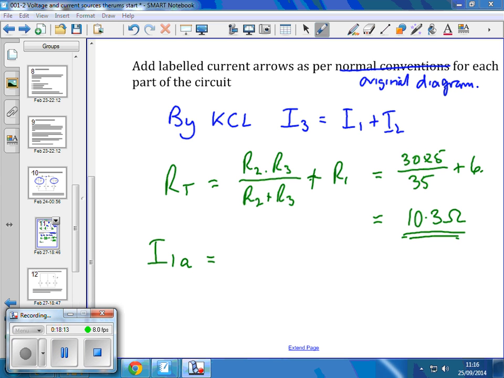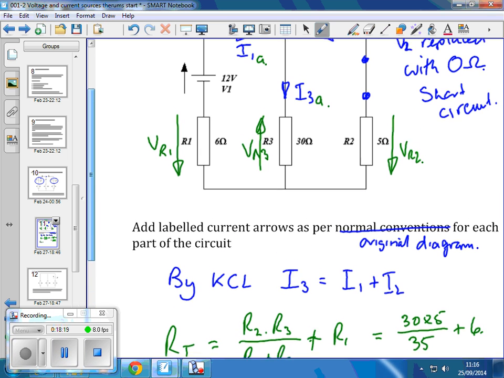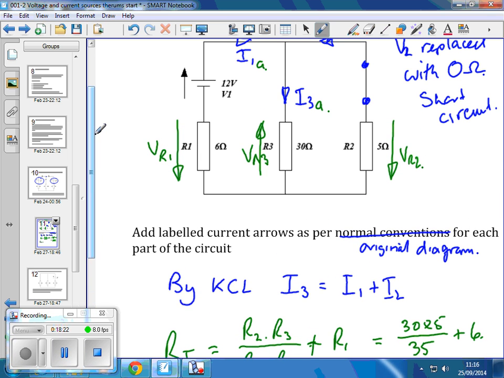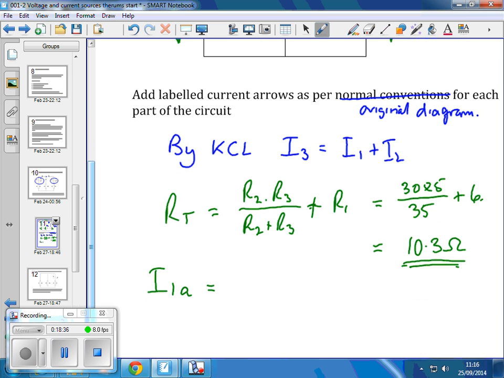All right. So therefore, I1A is, we've got the total resistance. That's what this current is seeing. The total resistance has got to go through that pair and that one. So this I1A can be found using the total resistance. It is V1 over RT.